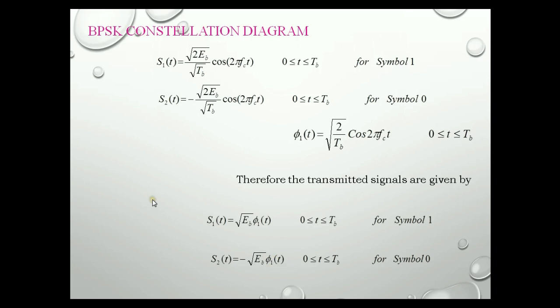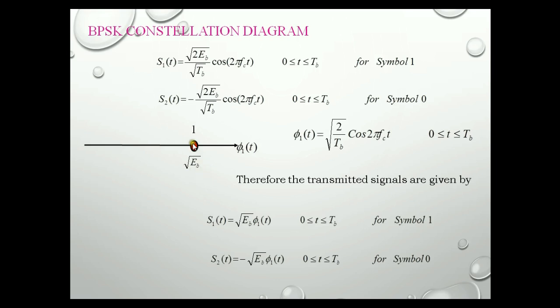I am going to consider an imaginary line on the x-axis indicating the basis function psi 1 of t. For binary 1, we have the signal S1 of t in BPSK modulation, having a magnitude of plus square root of EB with respect to psi 1 of t. So we can plot the point for binary 1 with a magnitude equal to square root of EB.